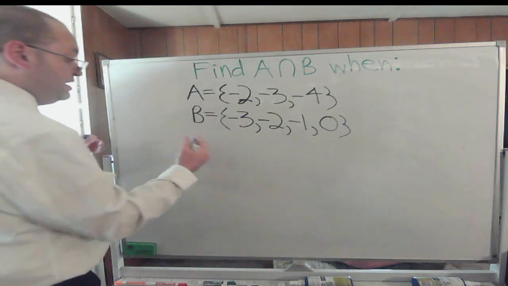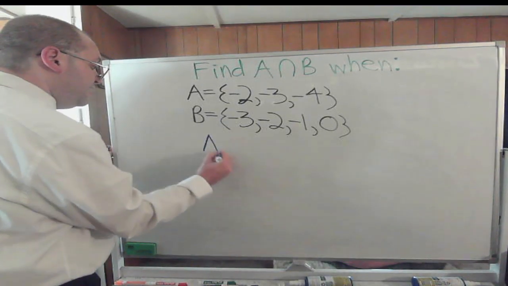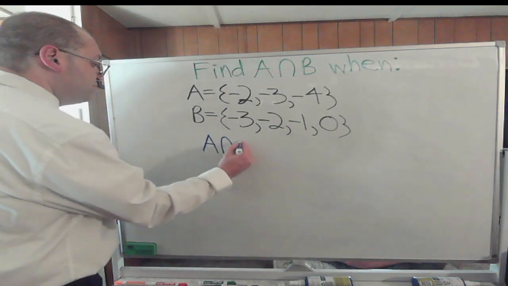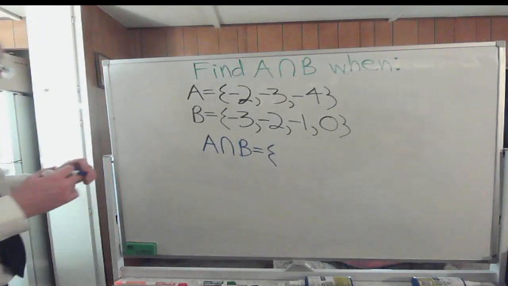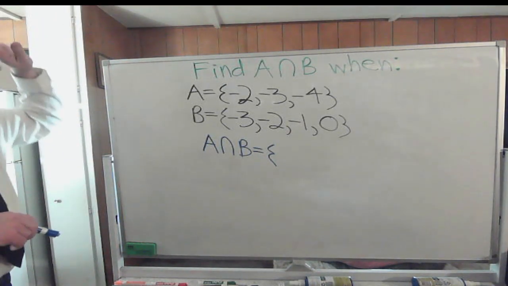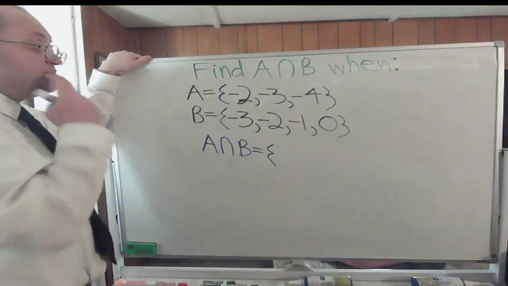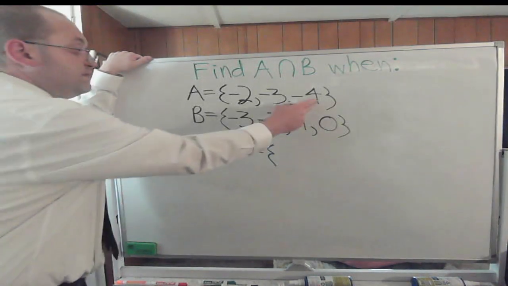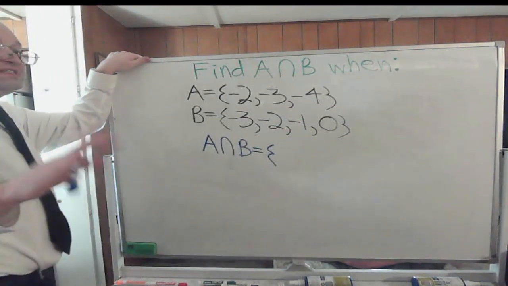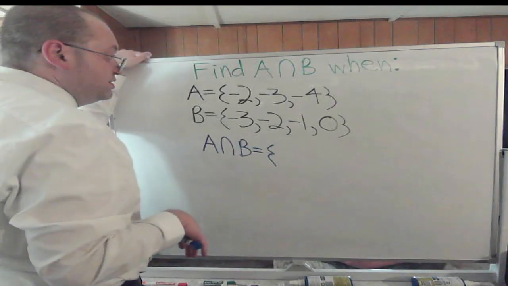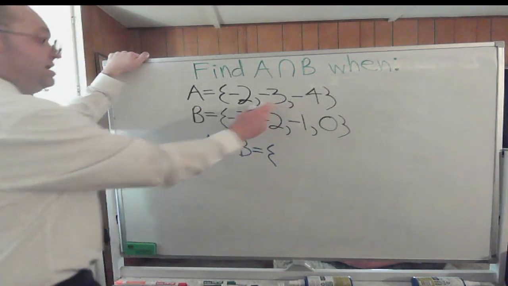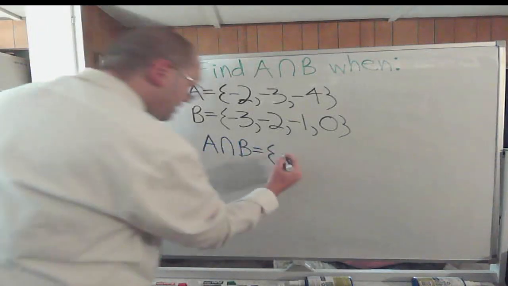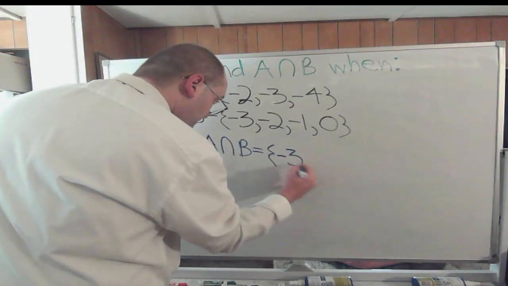This time around, we are going for A intersects with B. We're looking for that set. So look at both sets. Again, start with your smallest number, okay? Do they have a -4 in common? Nope, that's only in A, so that can't be a member. It's only in one set. How about -3? Yes, both A and B have a -3, so that'll be the first member of your set.